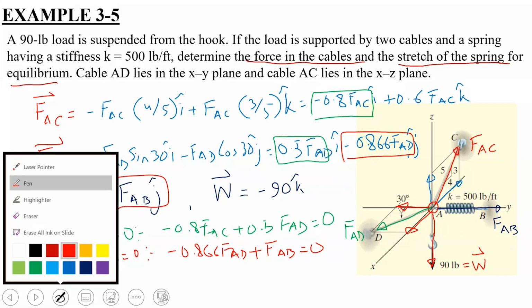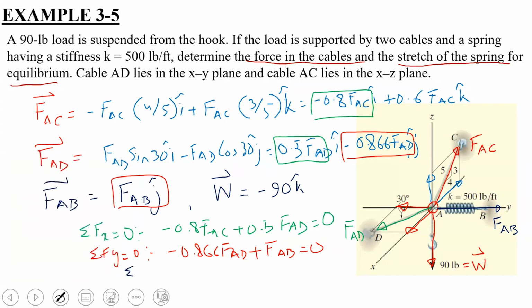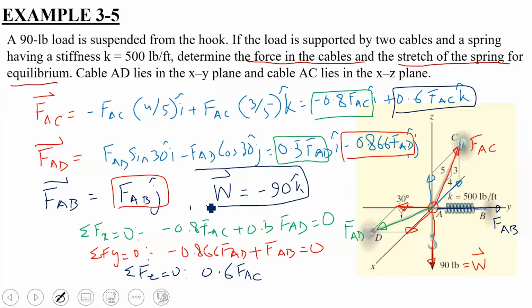The final equation of equilibrium is summation Fz equal to 0. आपके पास z डायरेक्शन में जो फोर्सेस आ रही हैं, one is this one 0.6 FAC k. तो आपने इस कंपोनेंट को शामिल कर लिया. इसके अलावा आपके पास जो वेट है, that is also acting downward या z एक्सिस के along, so minus 90 should be equal to 0.